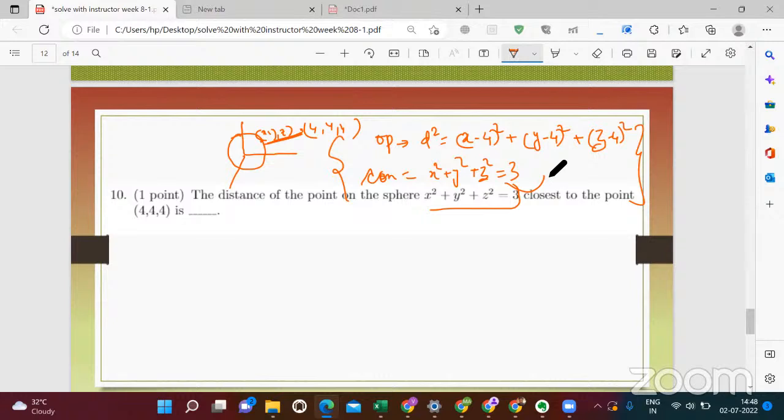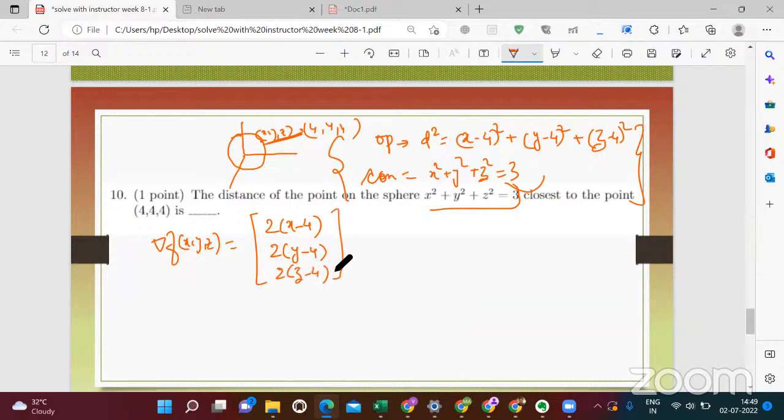To calculate with the Lagrange multiplier, we should know del of f(x). You can differentiate this, so you'll get 2x minus 4, 2y minus 4, 2z minus 4, right?